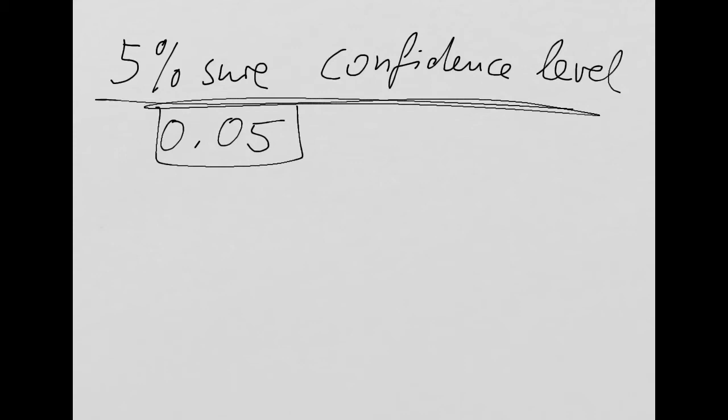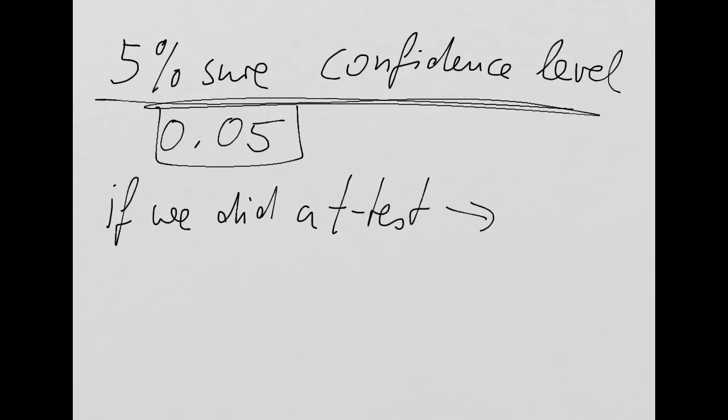So in other words, if we did a t-test, and this t-test gave us a probability, or it's also called a p-value. This p-value is the same as a probability.